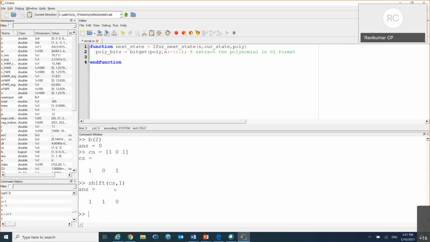So 1 has come here, 0 has come here, and unfortunately it also does a rotate. Okay, so it doesn't matter. So we can say next state equals shift. That's a right shift. Current state, 1 by 1 bit. So right rotate the current state and put in next state.